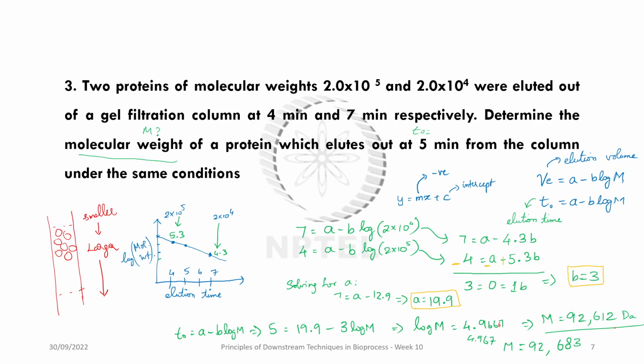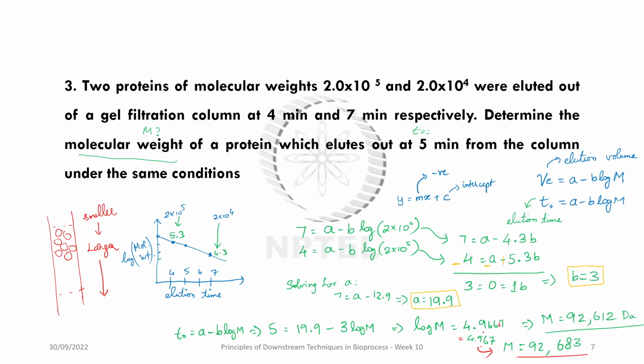Then I got this value. If I use just this, I'm getting 92,683. But then we are just concerned about the method of solving the problem. So just go with 2 or 3 decimals when you're doing your actual problem.